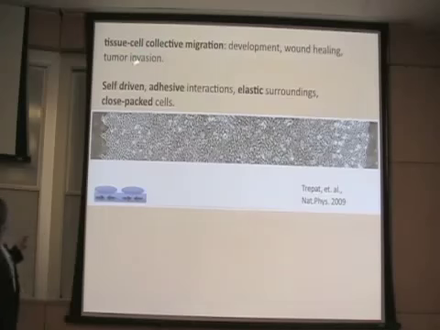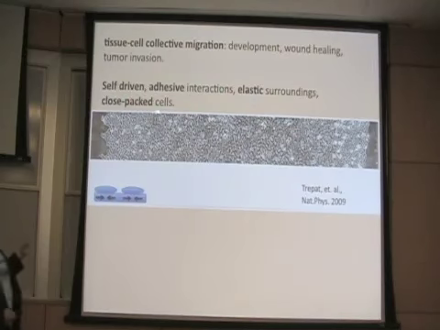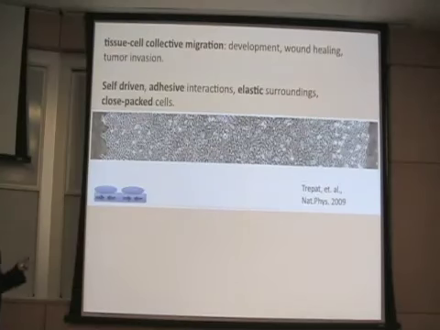So we've heard about the importance of tissue cell collective migration. I won't go into it after all morning. I guess what I want to say is that these cells, of course, are self-driven, but their interactions are adhesive. And in my case, one of the most important attributes is that they're interacting with this elastic medium.